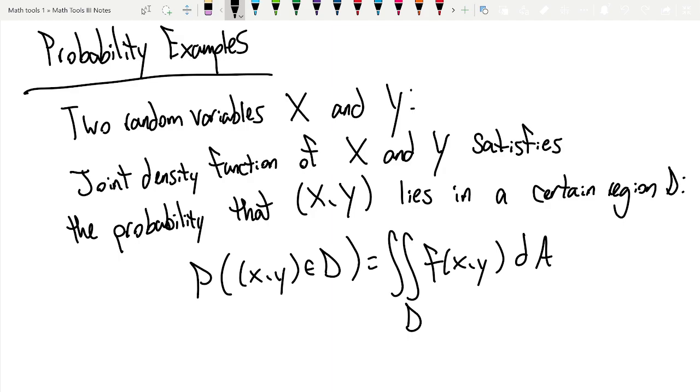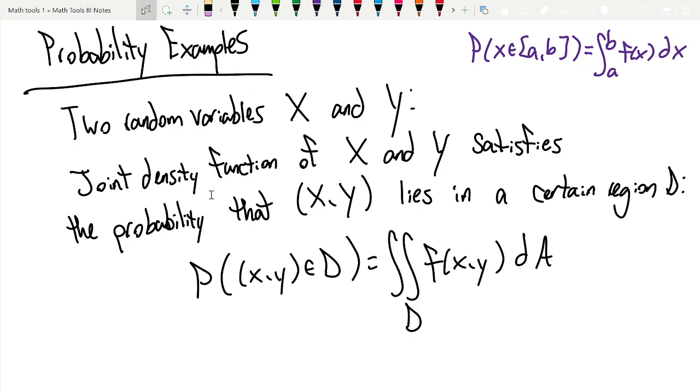Similarly, in the single variable case, I'll just write it up here, the probability that x is in, say, some interval [a, b] is equal to the integral from a to b of f(x) dx, where f is the probability distribution function of the random variable x. Same kind of idea, just now we have double integration.